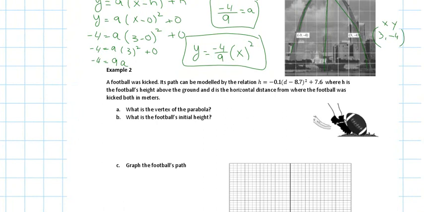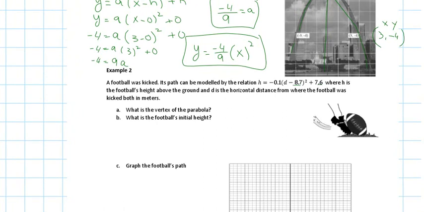So, what is the vertex of the parabola? 8.7, 7.6. Do we agree with that? Yes. The vertex is coming from the h and the k. Right? Remember, this is the same thing as y equals negative 0.1 times (x minus 8.7) squared plus 7.6.